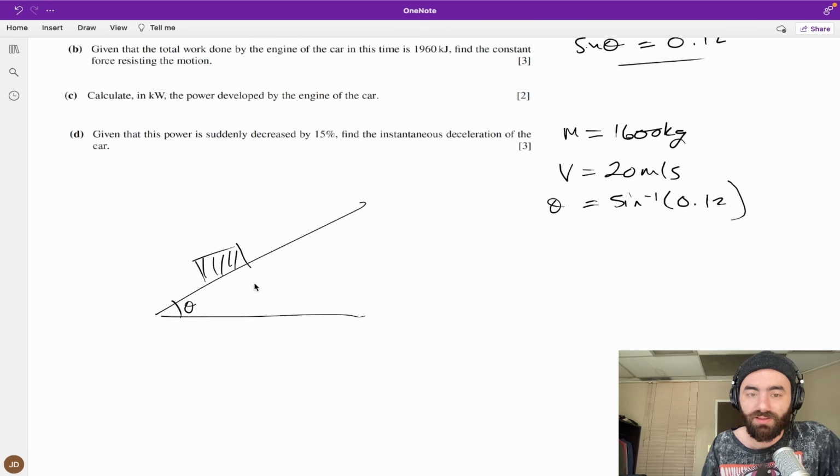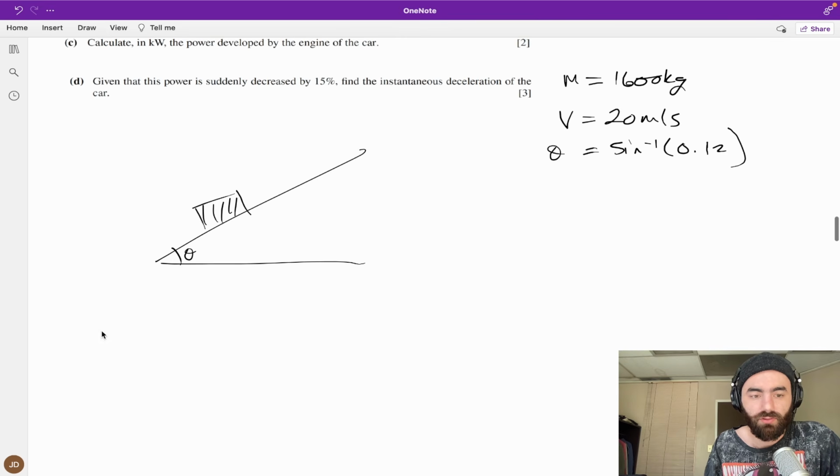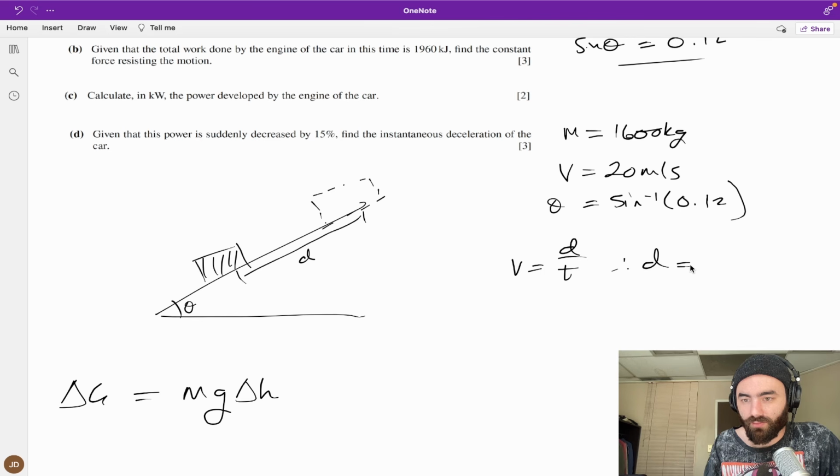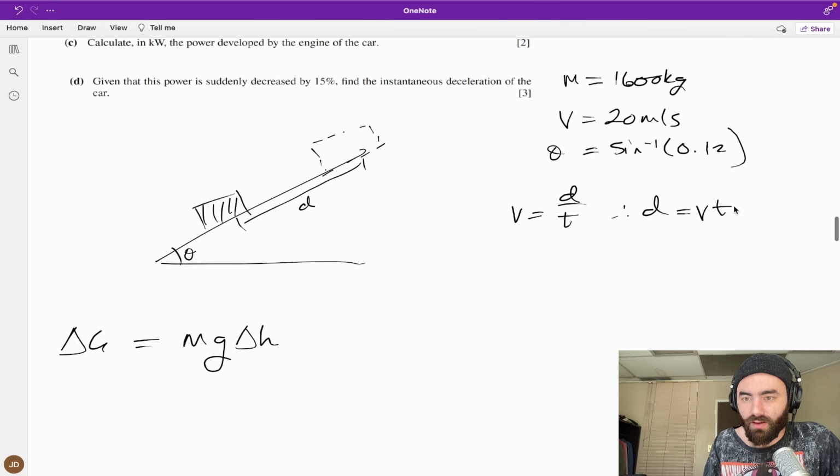Because we want the change in potential energy, change in G, it's going to be mg change in h. After 30 seconds, let's say it's here. It's going to move a distance d. Velocity equals distance over time, or distance equals velocity times time.